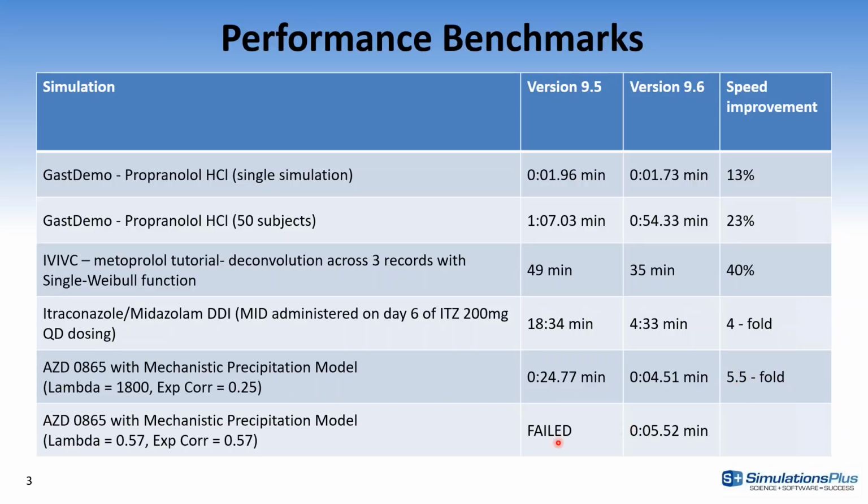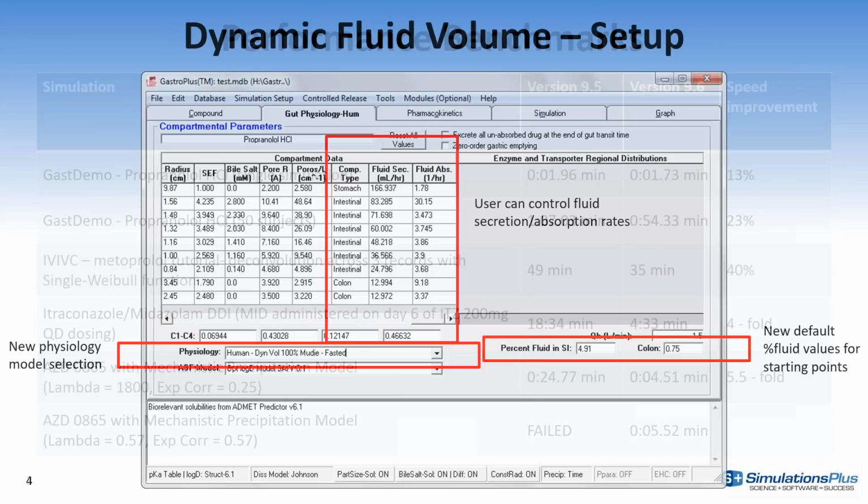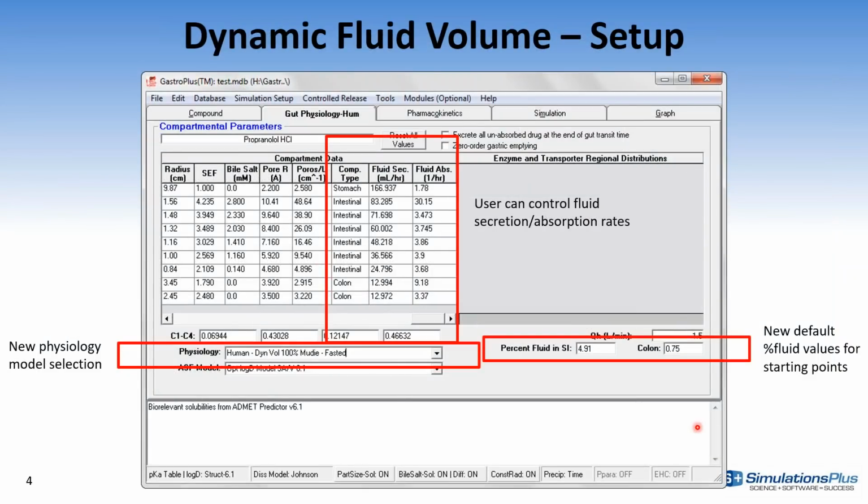More importantly, you should also see successful simulations in the cases where previously it failed, where the integrator was not able to solve all of those differential equations. With the revised equations, you should now be able to run those simulations without problems. So those were general improvements that hopefully everybody will notice and appreciate.